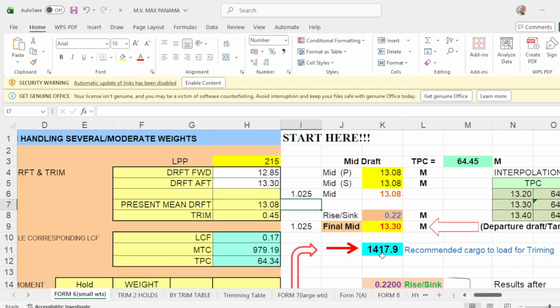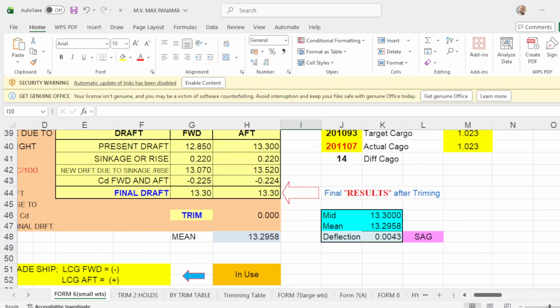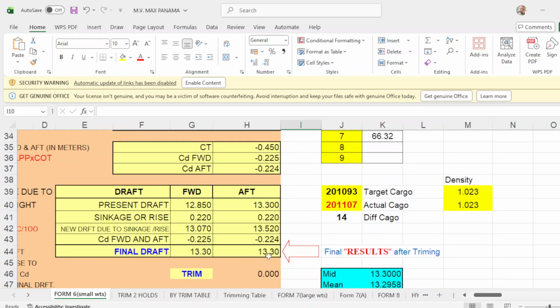And on the final draft survey, the surveyor will also take its density of 1.025. So the vessel under loading operation is in the density 1.025. Then you will get the final departure of even keel of 13.30.